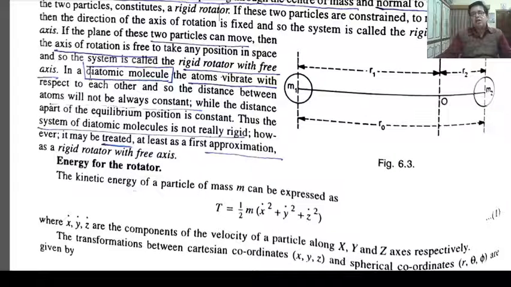In a diatomic molecule, the atoms vibrate with respect to each other, and so the distance between atoms will not always be constant, while the distance apart at the equilibrium position is constant. Thus, the system of a diatomic molecule is not really rigid.